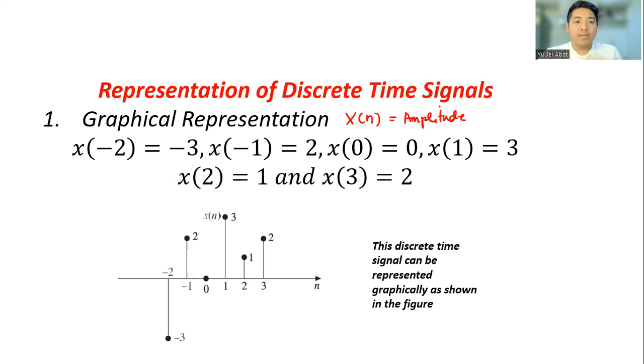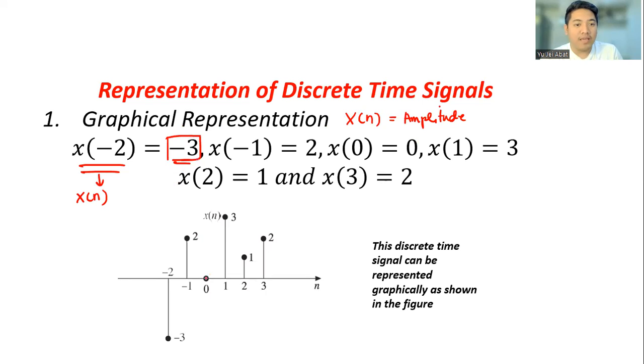In this case, we are going to represent the signal as x of -2 is -3. This talks of your x of n, its position on the x-axis, and then the value of the amplitude.